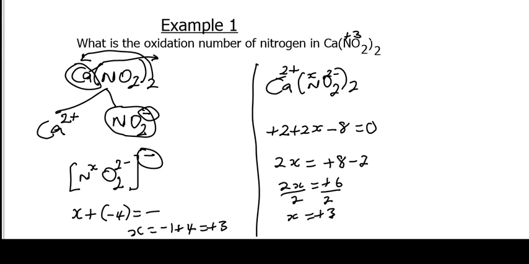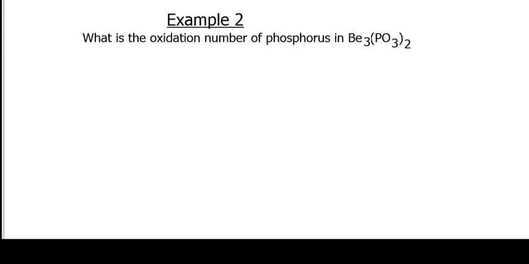Now the next example said, what is the oxidation number of phosphorus in Be3(PO3)2. The same way, we can use the first method, write the compound out, Be3, open your bracket, PO3 bracket 2.